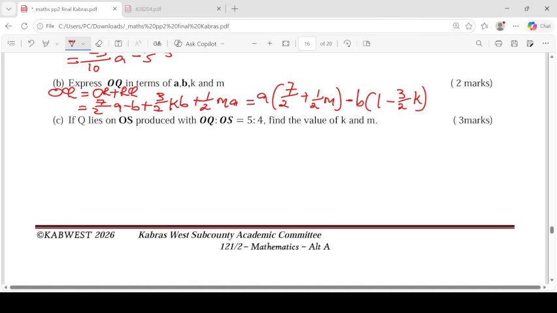So if OQ to OS is 5:4, then OQ is equal to 5 over 4 of OS. So this means OS is 4 over 5 of OQ.